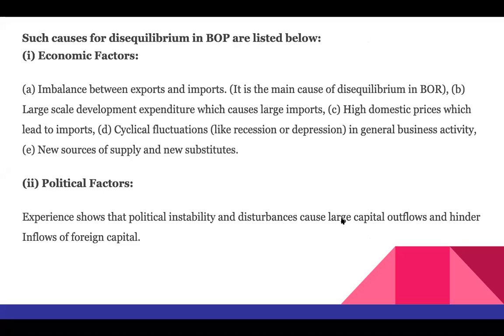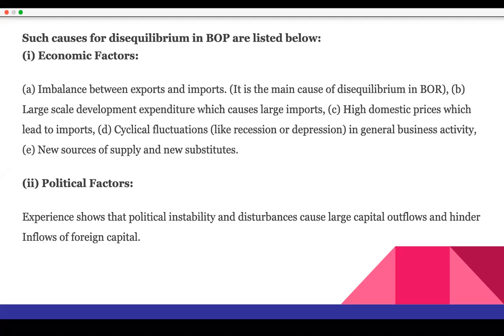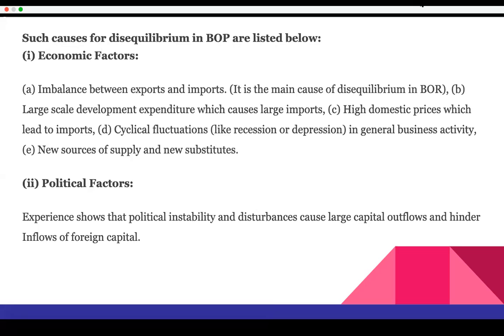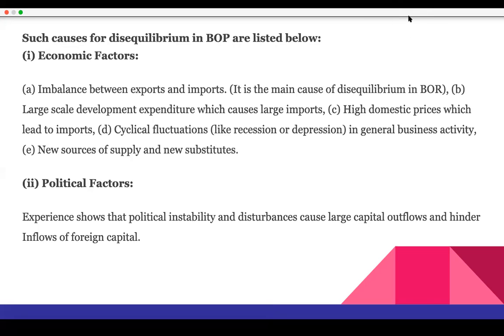And on the other hand, you will start buying a lot from foreign countries because you are not able to handle the prices and other kind of restrictions that your nation is putting through, right? So that is what, and again, inflow of foreign capital will also be hindered, or it will be interrupted.